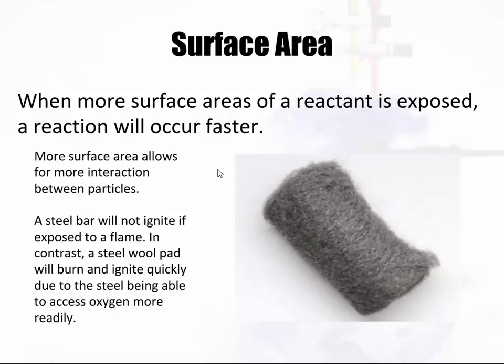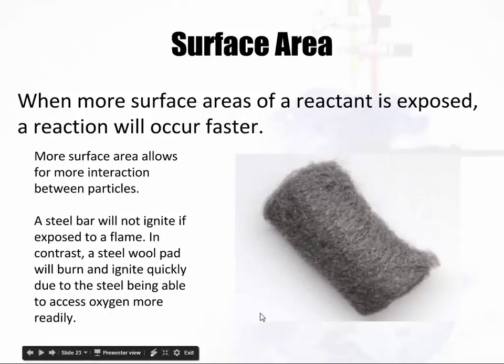So the same thing here. The larger your surface area is, the faster the reaction is going to occur. And that is because there is more area for a collision to occur. So if we have this piece of metal and we flatten it out into a big long sheet, there's more area for the other particles to collide with it. The smaller the surface area is, the harder it is for it to collide because there's not as much exposed to the other particles.